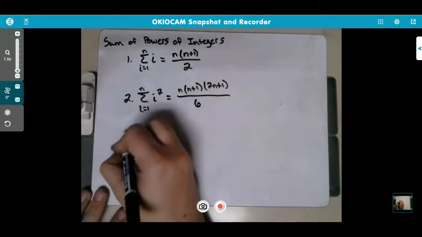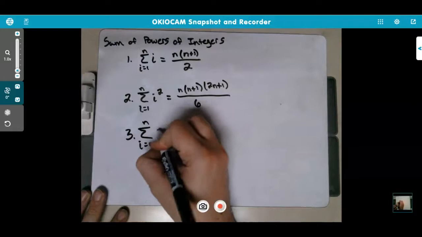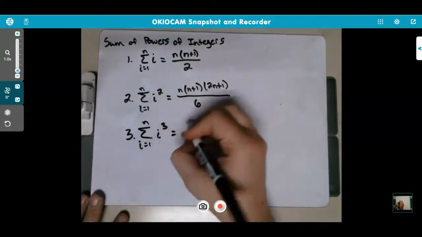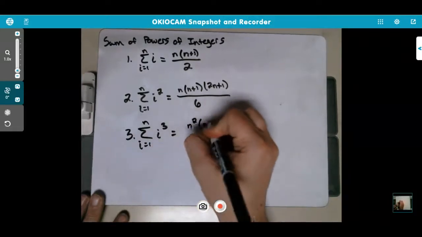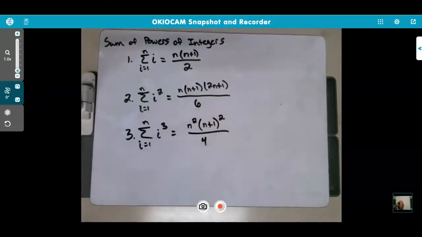And lastly, if you do the sum from i equals 1 to n of i cubed, this becomes n squared times n plus 1 squared all over 4. So knowing these known sums can help us solve some harder ones. That's what we are going to do now, practice some harder sums.